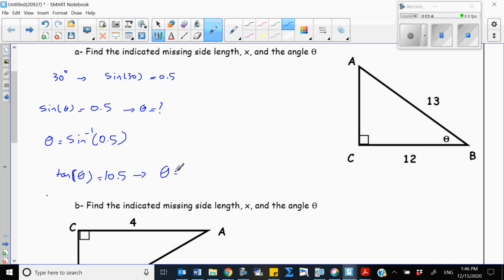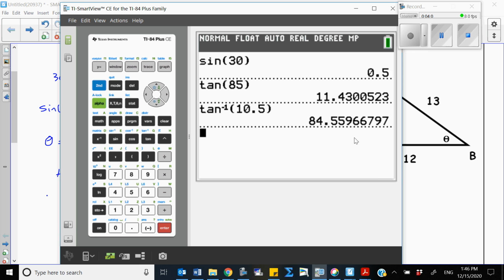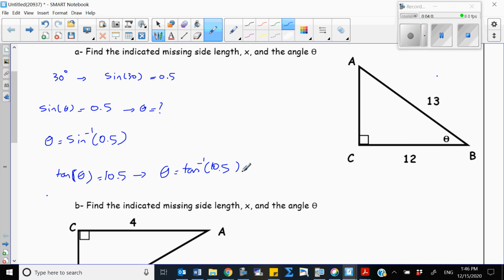You say theta is equal to tangent -1 of 10.5, and use our calculator. I go second tangent. That gives me tangent -1 of 10.5, and it's equal to 84 point something. So theta is 84.55 degrees. That's how I find it.